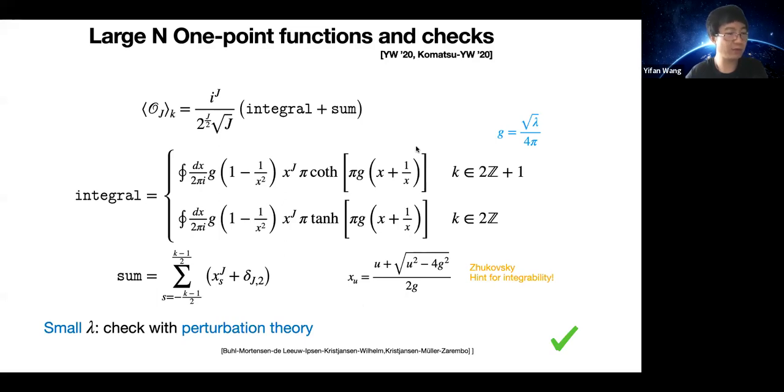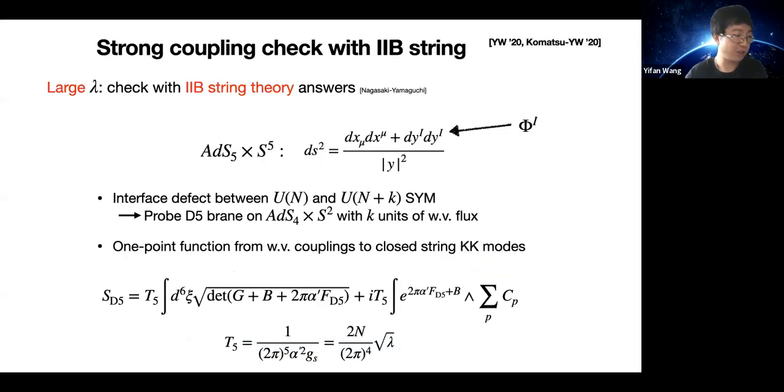With these rather explicit results in the large N limit at arbitrary 't Hooft coupling, there are simple checks one can do. First, one can expand in the small lambda limit and check with perturbation theory, and they agree with previous results, which were computed by hand up to one loop. Quite a heroic computation. But more interesting are checks with type IIB string theory in the strong coupling limit.